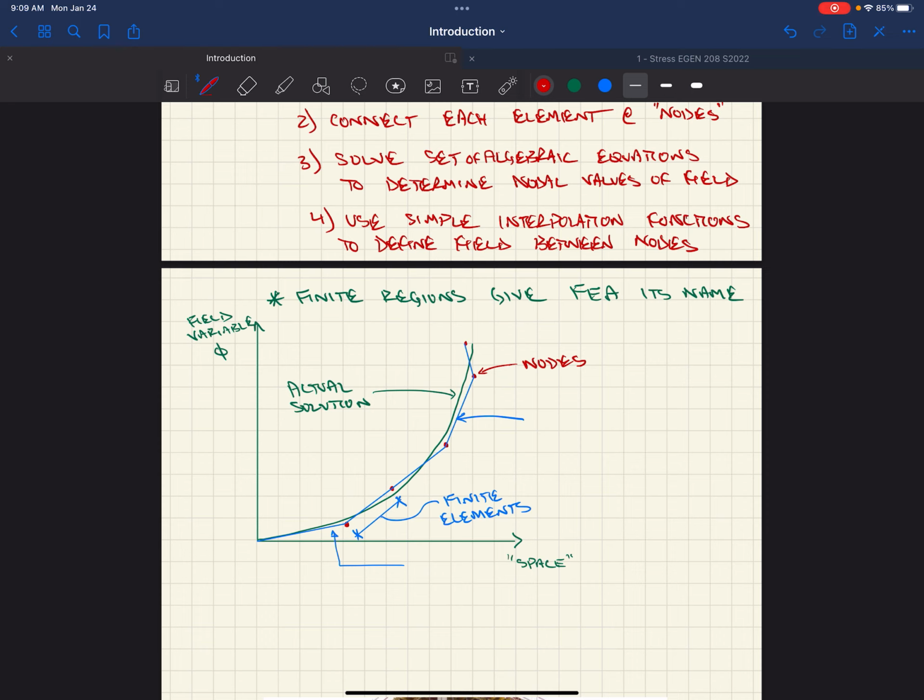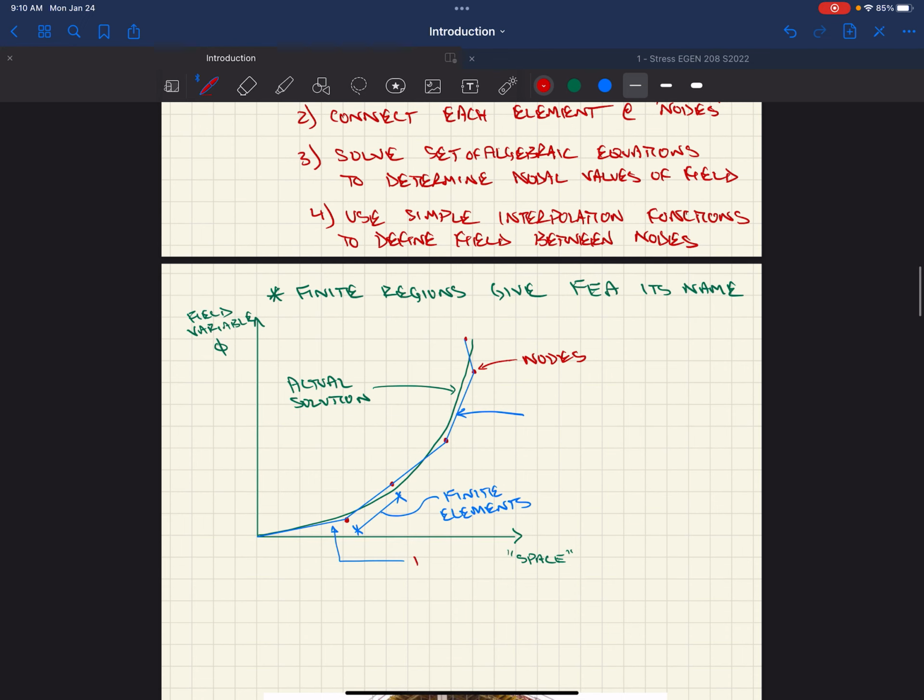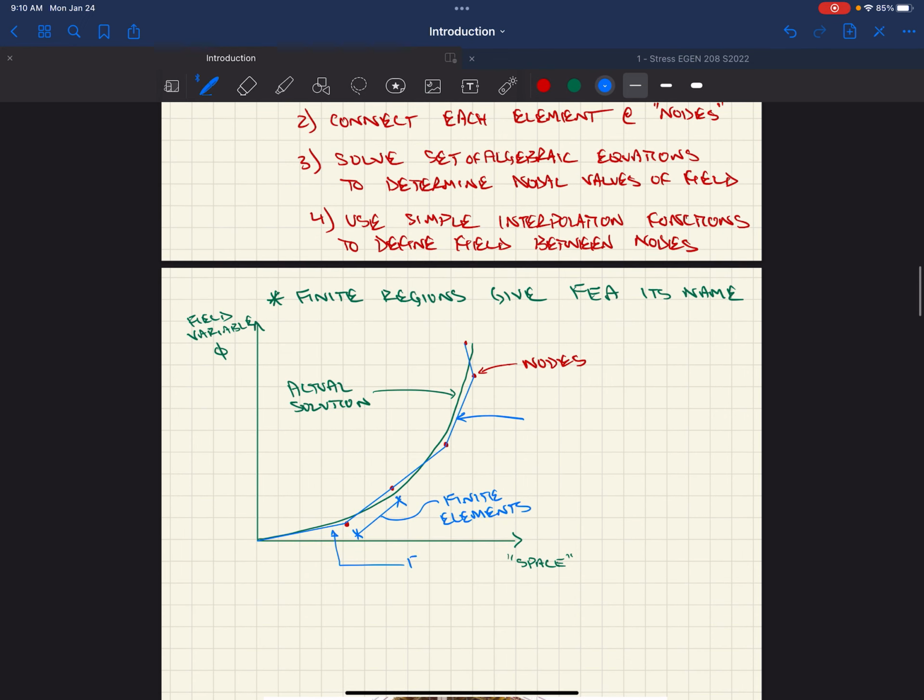And once we knew what our nodal values were, we would have an interpolation function, an idea of how the displacement changes from one node to the next, based on our nodal values. So this would be our approximation or FEA approximate solution. Right, those are our straight lines between nodes.